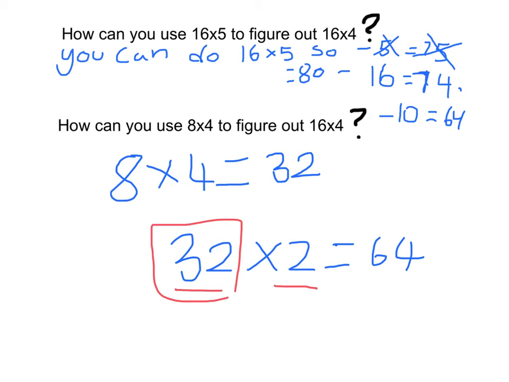Because half of the 16 times 4 is 8 times 4. So she got that answer, 32, and adding another 32 is 64. Okay, so she gave us a really good explanation here.